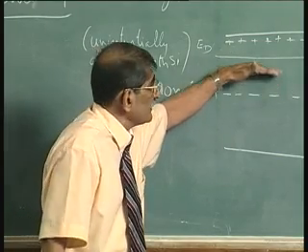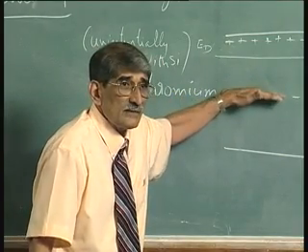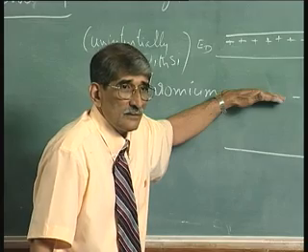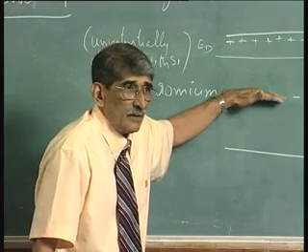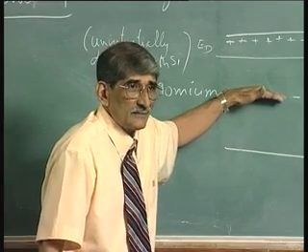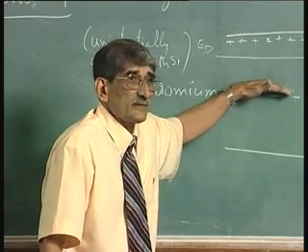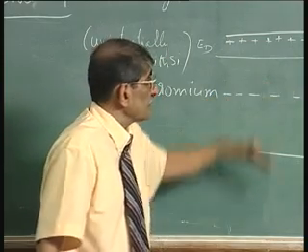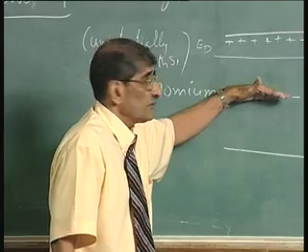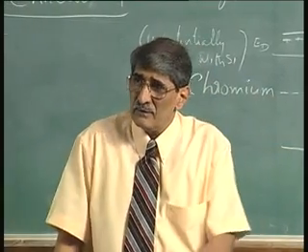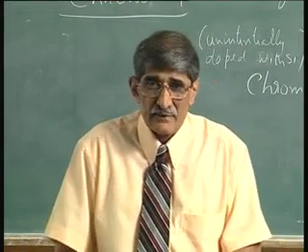And when it reaches this point, what happens? Half of them will be ionized. It begins, all of them will not be ionized. Supposing it is 10 to the power of 15, only half of them will be ionized when it comes down to that point.